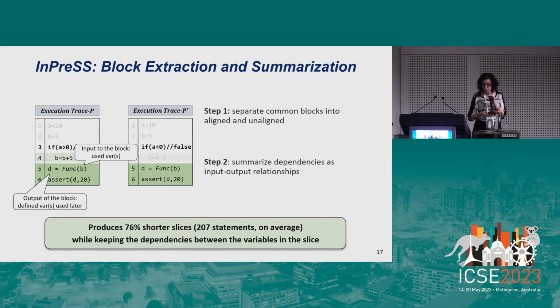And once we did that, we saw that we can still produce accurate slices which are even shorter, significantly shorter than dual slices, 76% reduction with 207 statements on average, which we think is more manageable for developers to inspect.